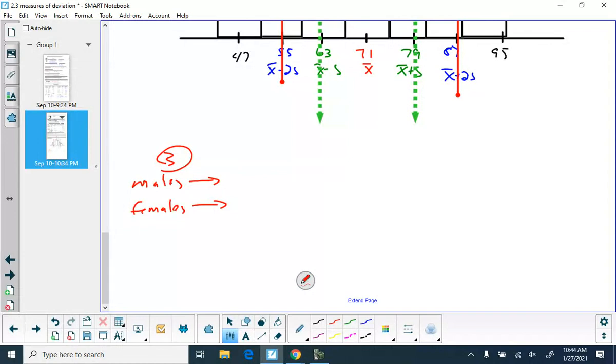Make the first row males, the second row females. And find the standard deviation for both of those. So you'll be doing 2 different standard deviations.